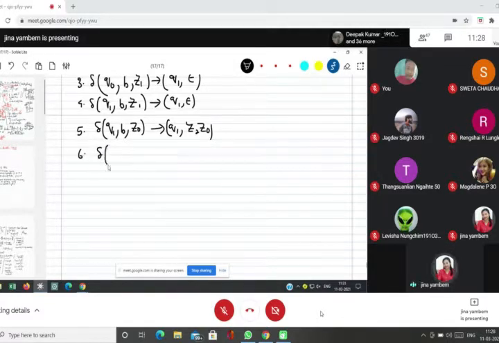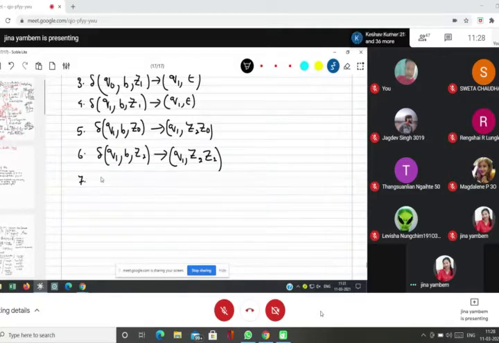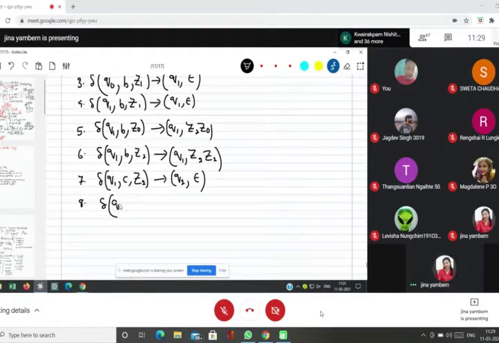Number 6: delta(q1, b, Z2) = (q1, ...). Number 8: delta(q2, Z2) = (q2, epsilon).